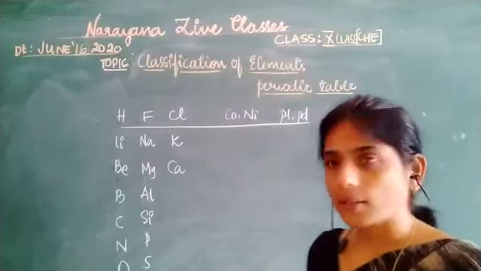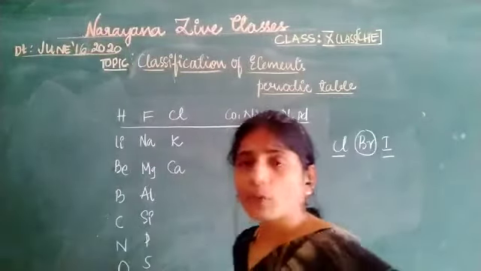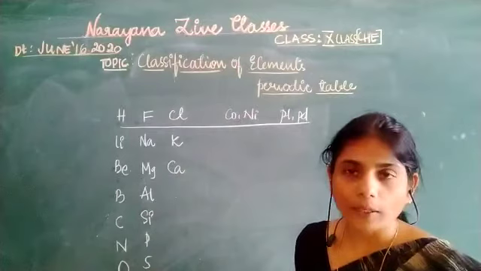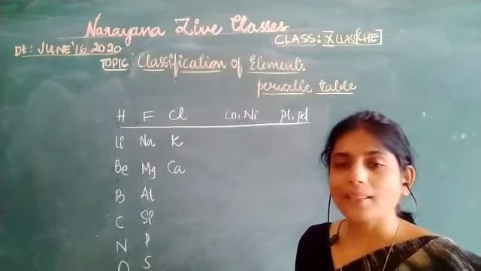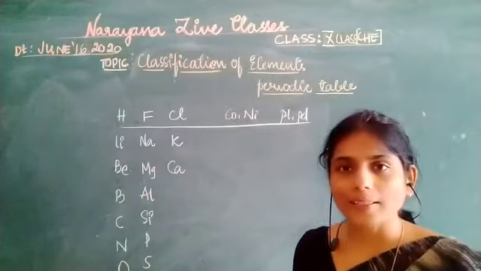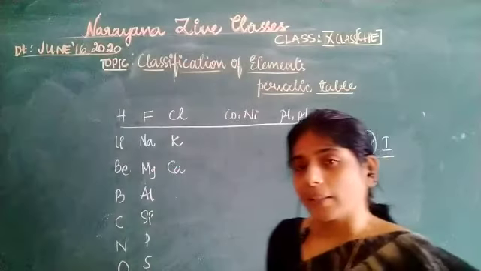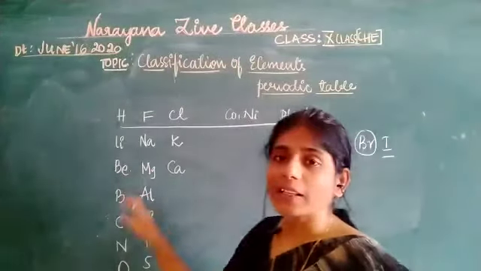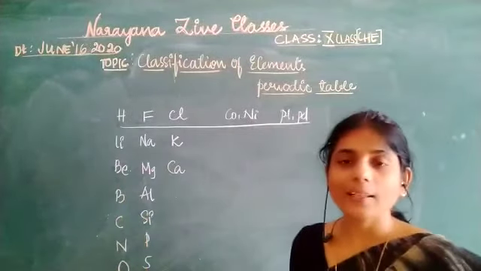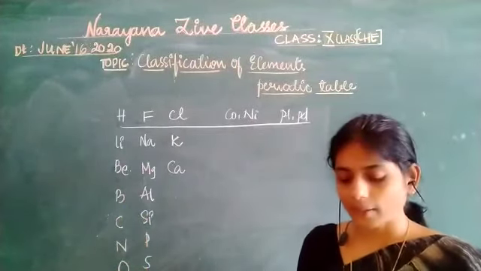Define periodicity. The repetition of physical and chemical properties after a certain number of elements is called periodicity. I repeat, the repetition of physical and chemical properties at certain intervals of elements is called periodicity.